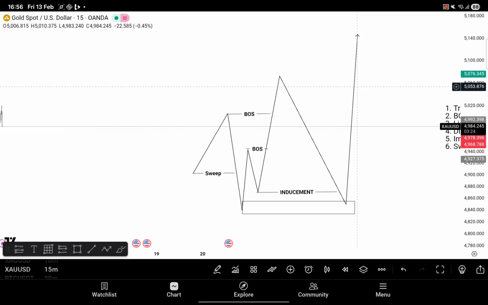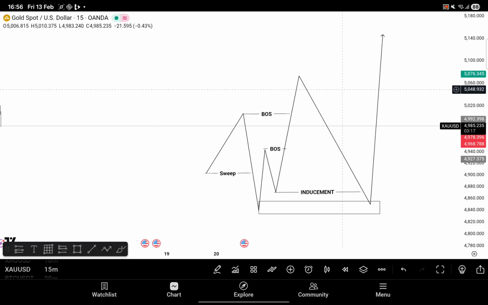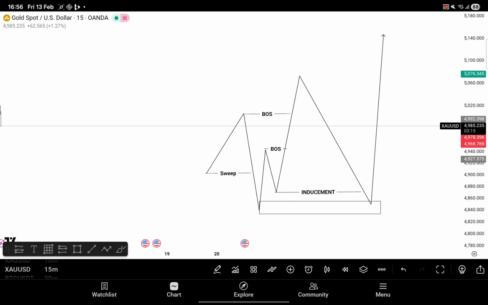I'll be giving you about 6 criteria that I look out for in this entry model. This is the textbook diagram and view of this entry model.